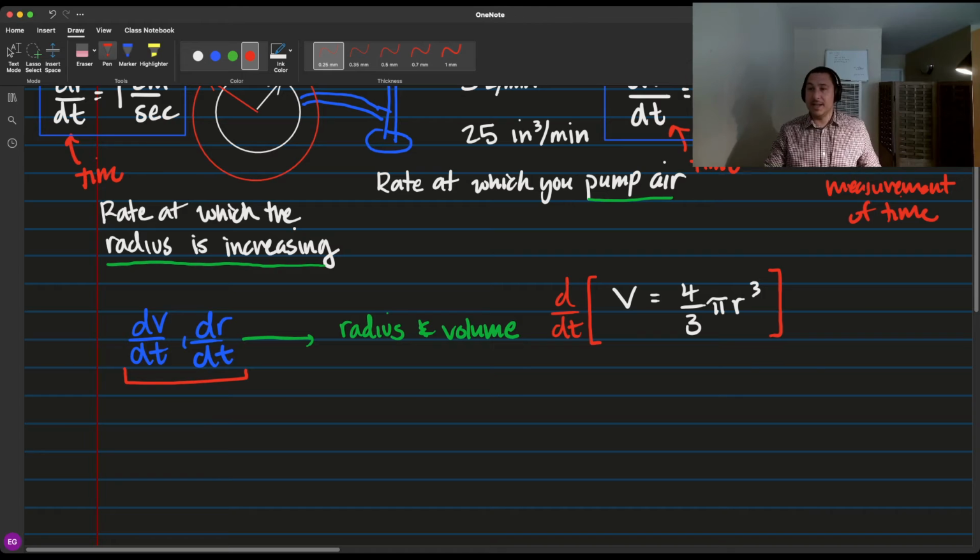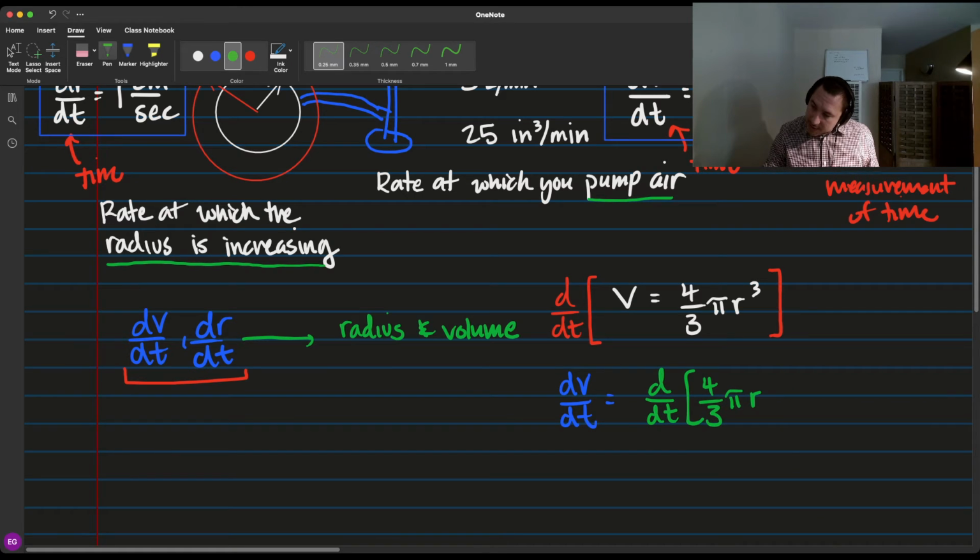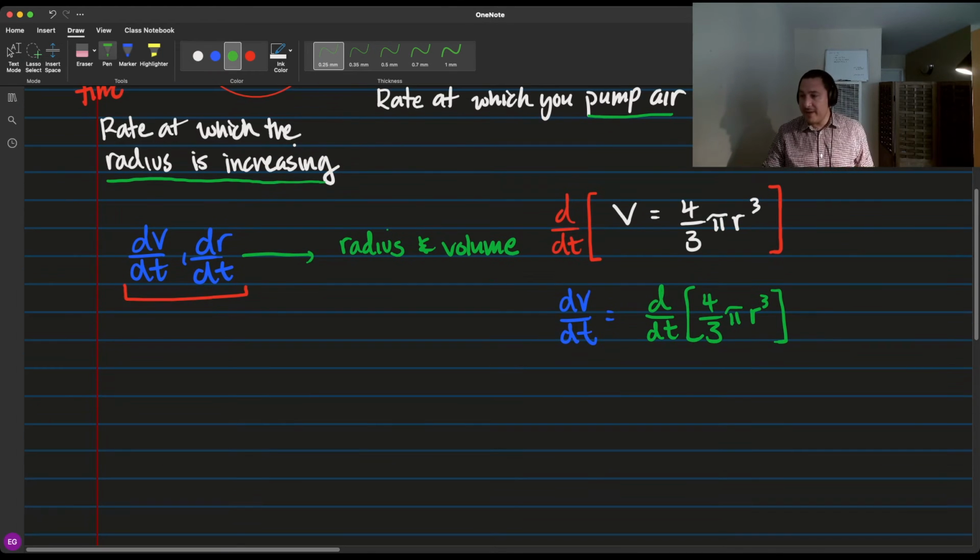On the left-hand side, you're going to end up with dV/dt. That's one of the things that you wanted. Now on the right-hand side, you're taking the derivative with respect to t of 4/3 pi r cubed. You can factor out the 4/3 and the pi.